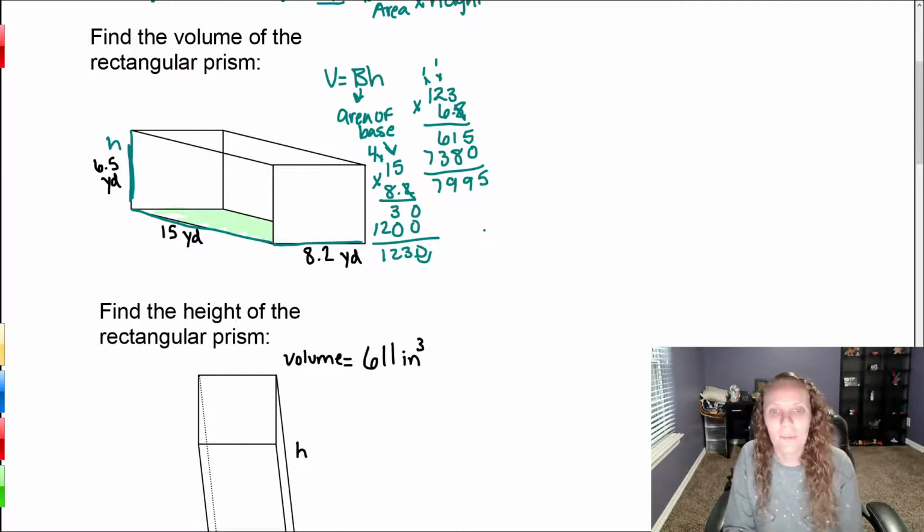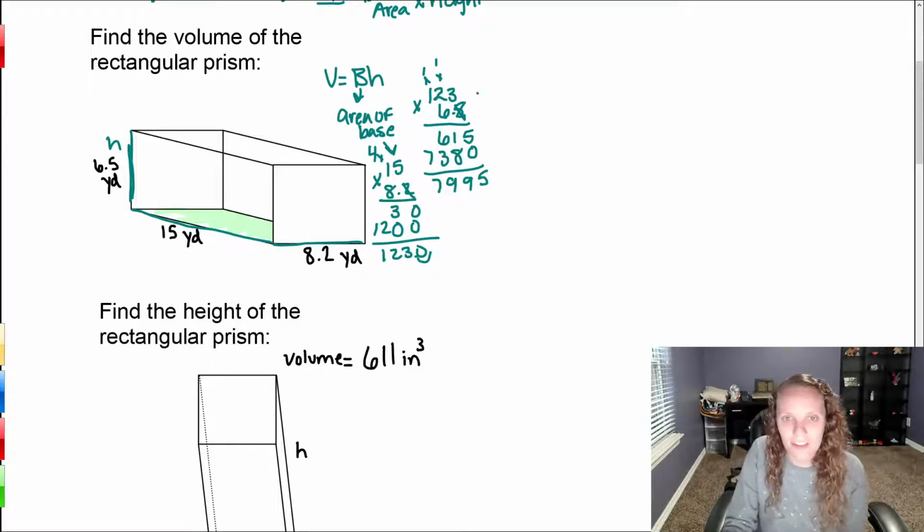So I'm getting the number 7995. There's one number after the decimal, so let's count over one time and put our decimal there. So the volume of this prism is 799.5.